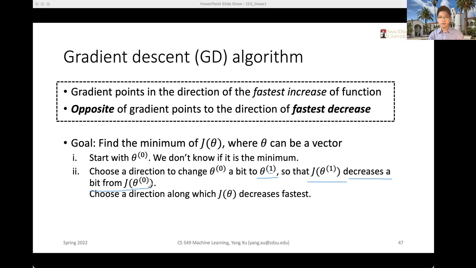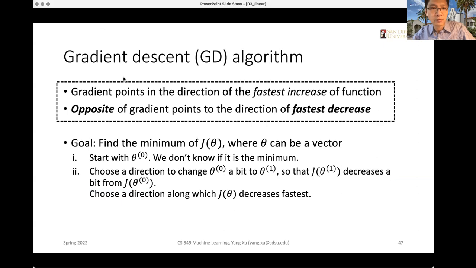And of course, we want to choose the direction along which the cost function decreases fastest, which is the opposite direction of the gradients.